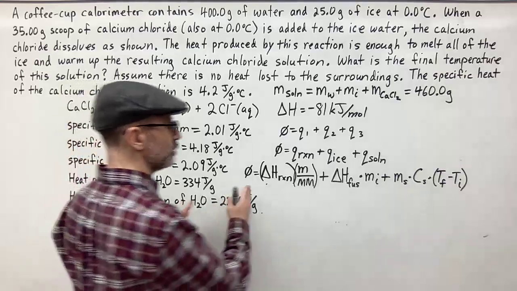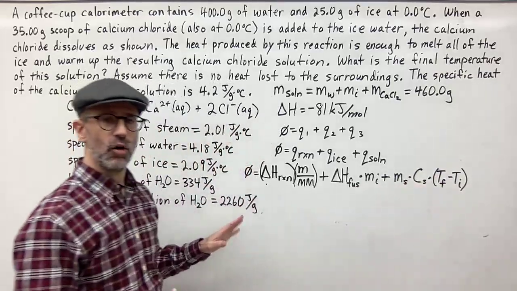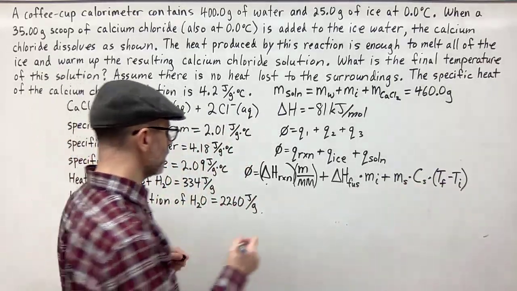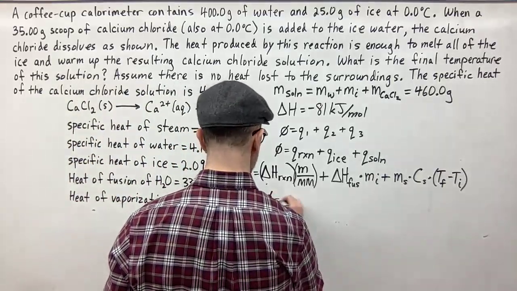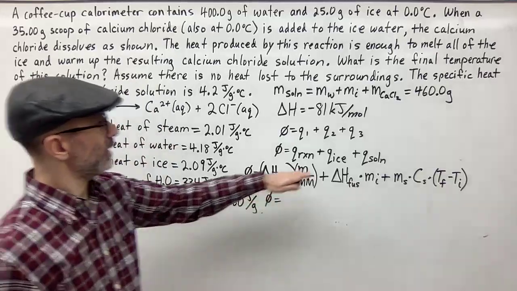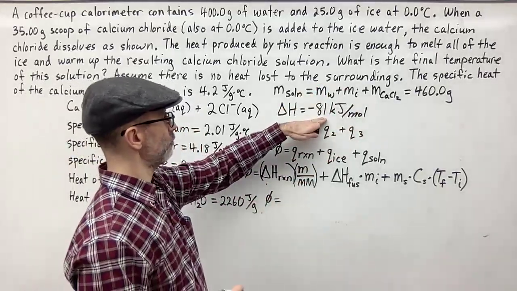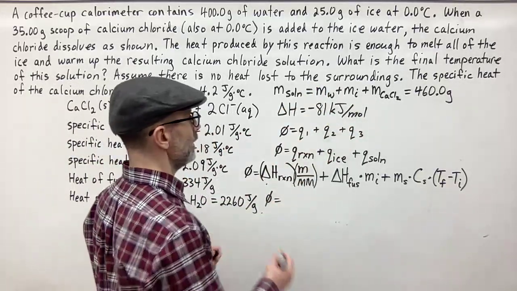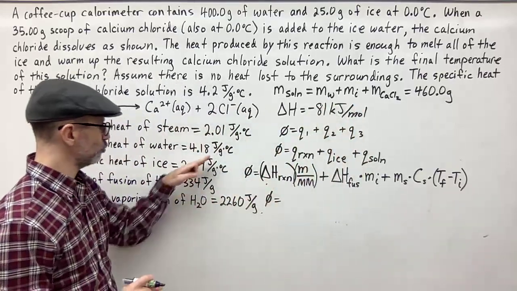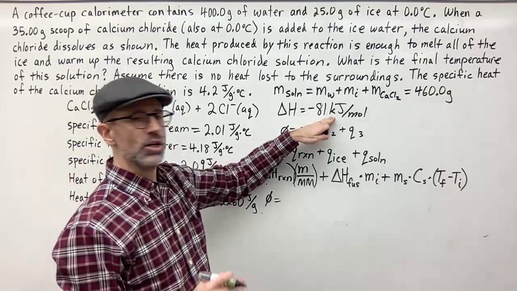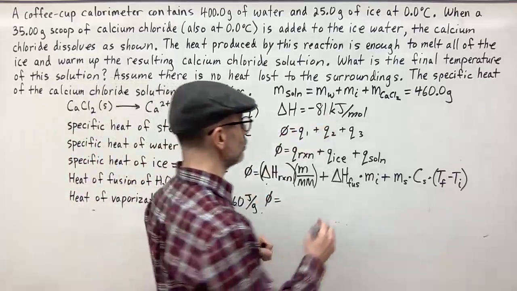So now I'm going to just plug in all of the things that I know, all of the values that I have here. So 0 is equal to the heat of the reaction. That's going to be negative 81 kilojoules. Now, since this is in joules and this is in joules, everything's in joules except for this. So let's go ahead and convert this to joules.